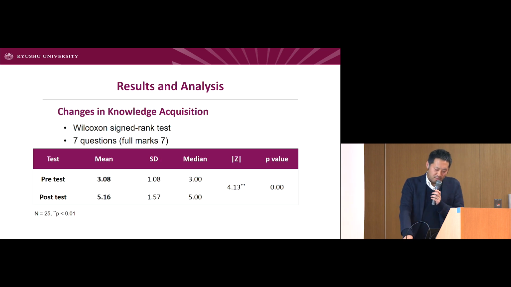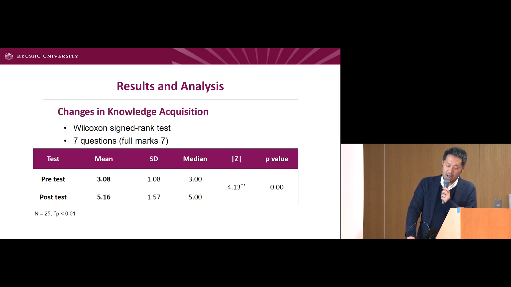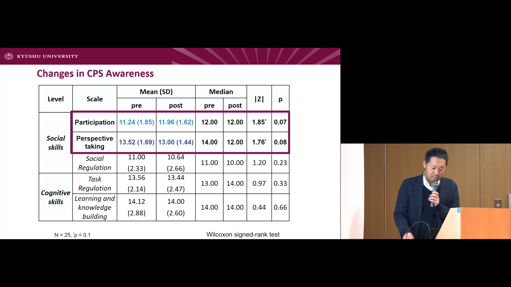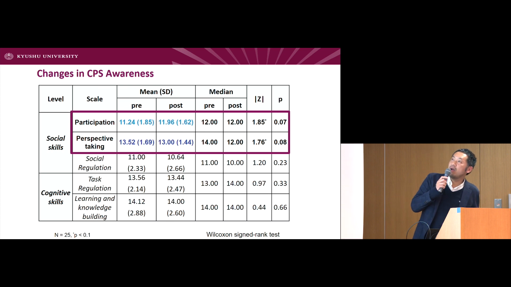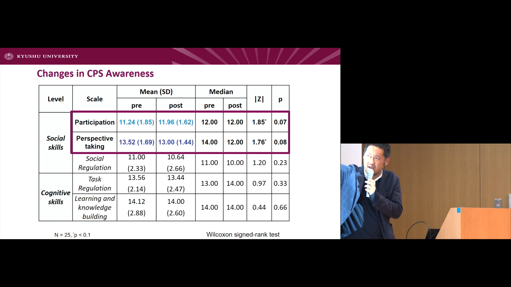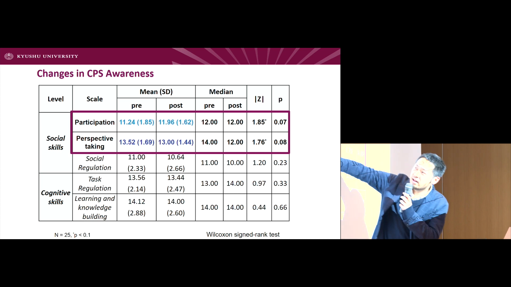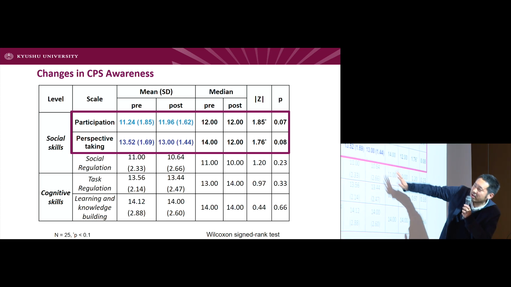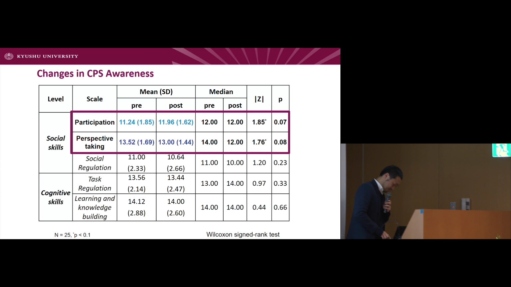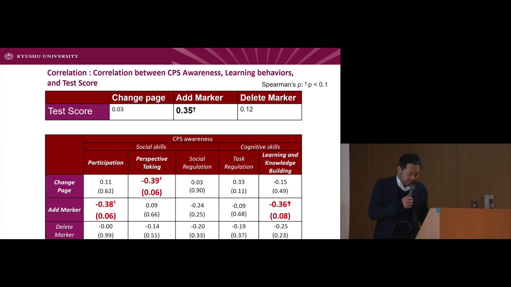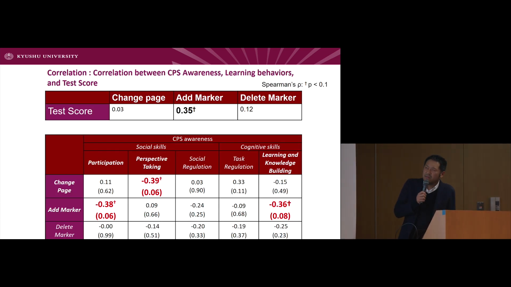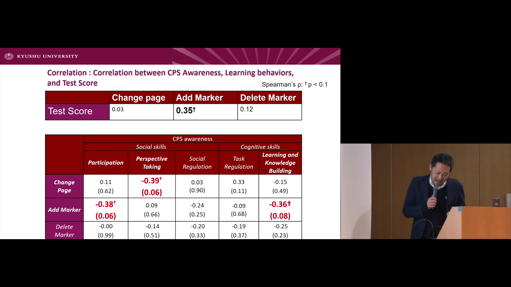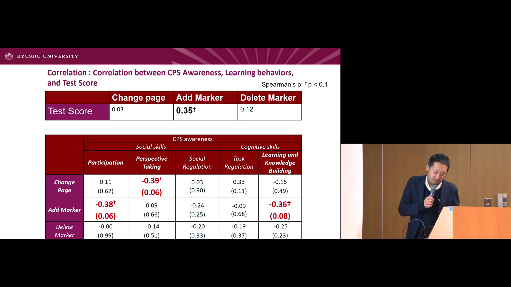We found that performance was significantly improved after this course. And about CPS awareness, we found significant differences only in social skills, participation sense, and perspective taking. In the correlation analysis, we found a very weak but significant positive correlation between test score and the marker.